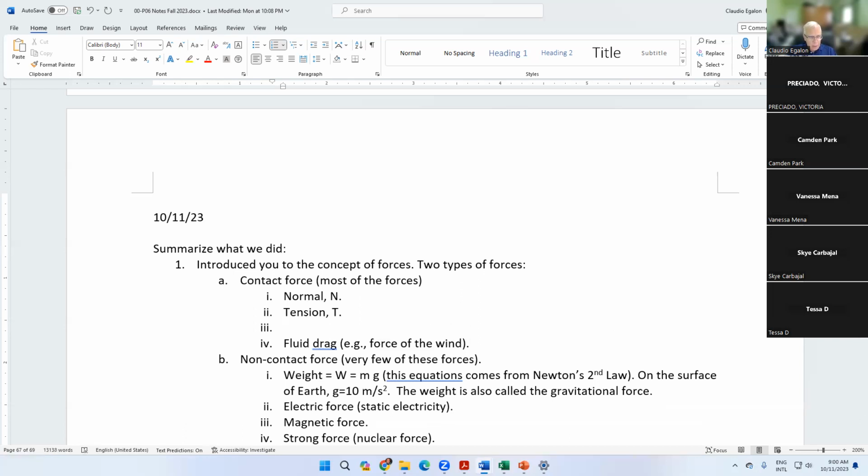Another one that I can mention here to you is the lift. Okay, what's this lift force? This is the force that makes airplanes fly. This is a contact force as well.